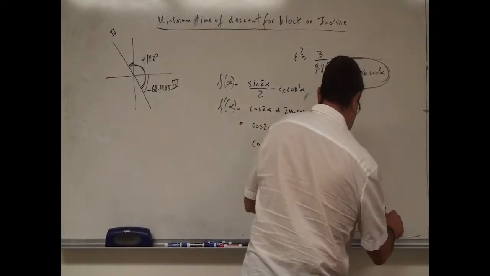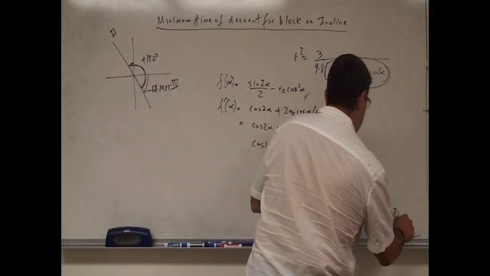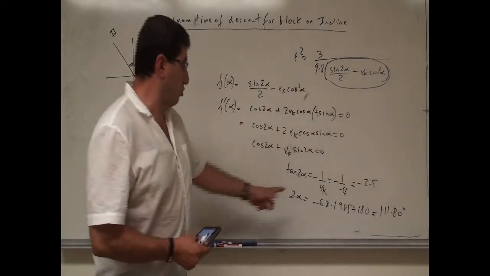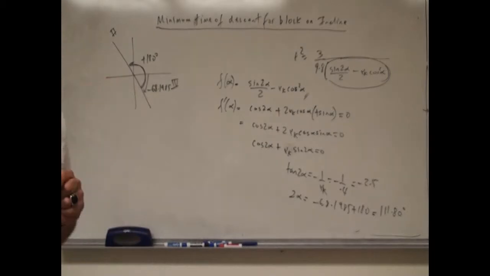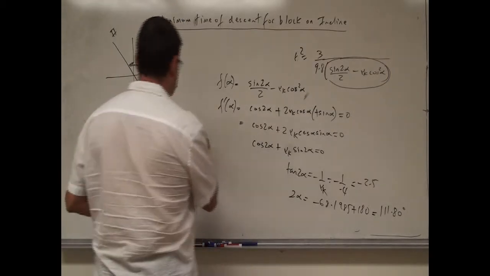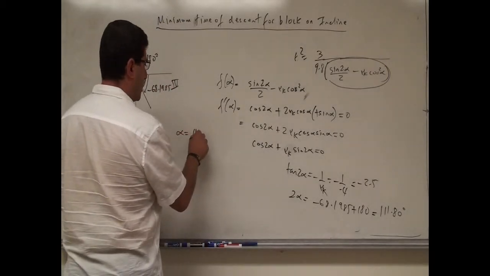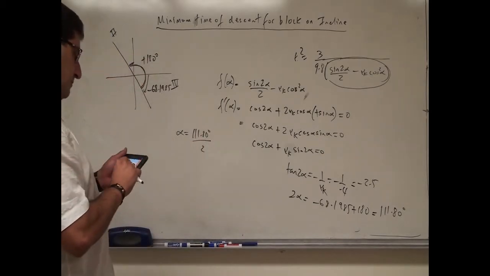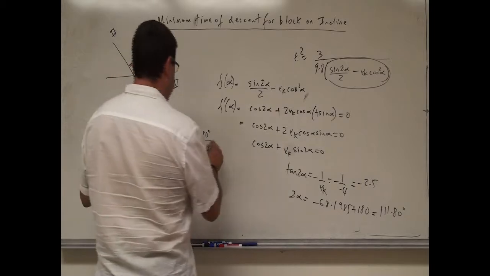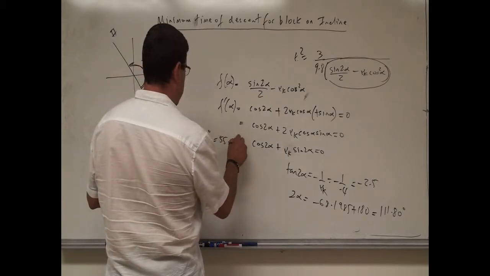So then I get 111.80 degrees. So then 2 alpha needs to equal 111.8 degrees. So then what's alpha need to equal? Right? So then alpha is going to equal 111.80 divided by 2. And then that's going to be 55.9 degrees.